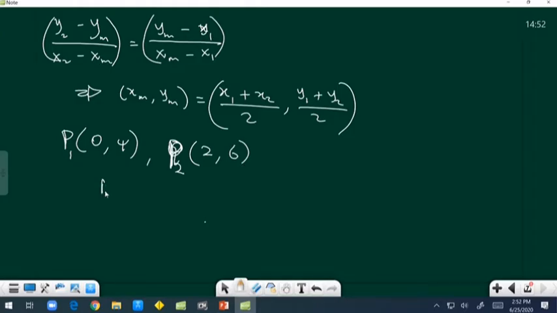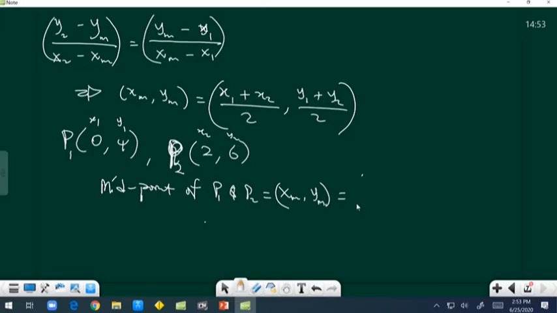The midpoint of P1 and P2 will be given as xm, ym coordinates, where this is our x1 and this is our y1, and here is x2 and y2. When we slot in the values, we have 0 plus 2 divided by 2, comma, the second one is 4 plus 6 divided by 2.